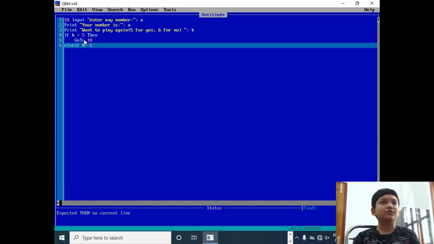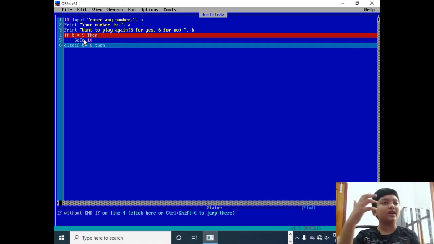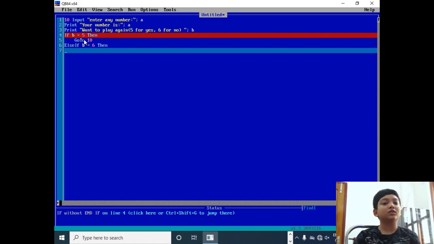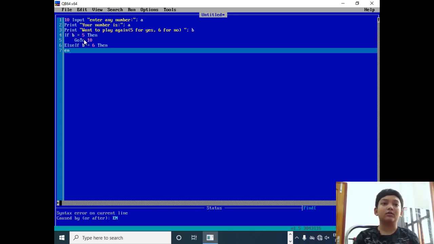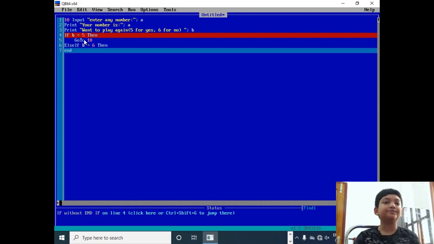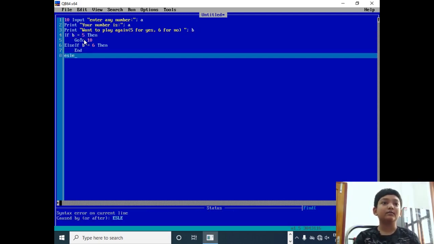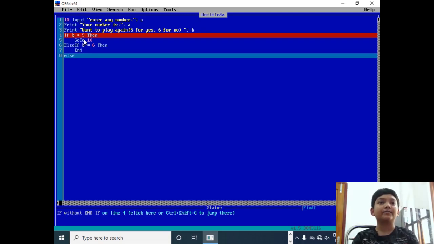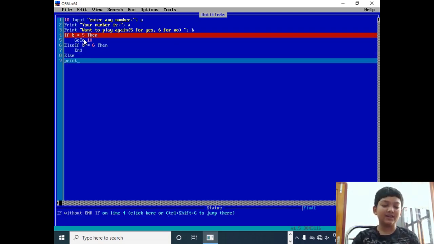Now else, we have to write else if B is equal to 6. We want to say that if 6, then end. Actually then it will end. And else, print invalid syntax, and then it will exit.